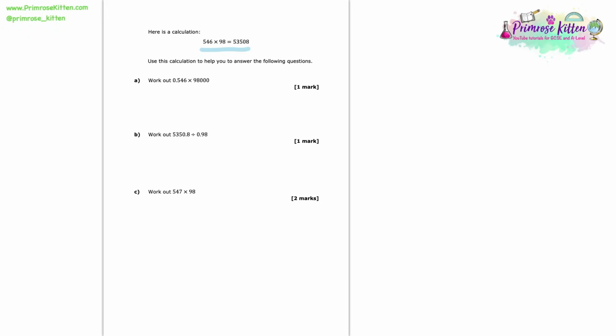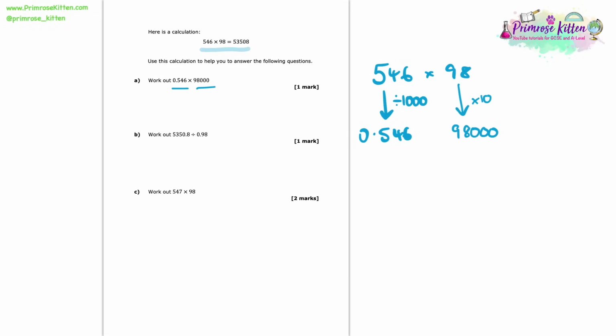So the way that we need to do it is we need to compare our 546 times 98 to the numbers in this question. And we should be able to tell that the 0.546 is 1,000 times smaller than 546. And over here, we should be able to tell that the 98,000 is actually 1,000 times bigger than the 98.